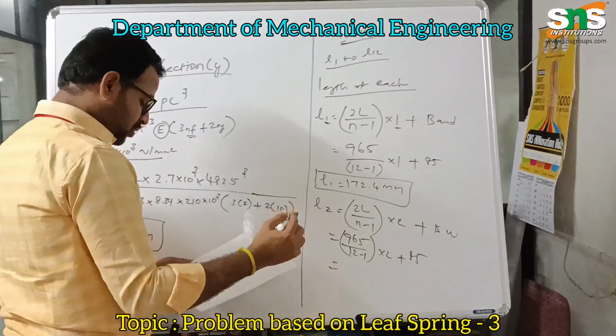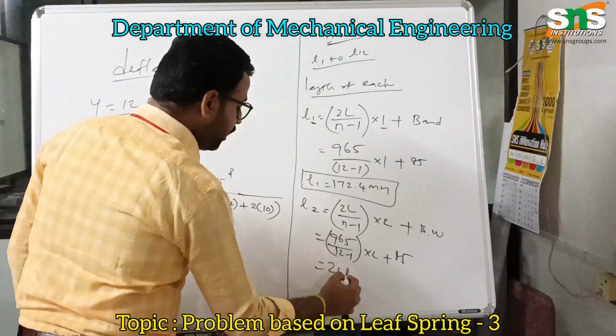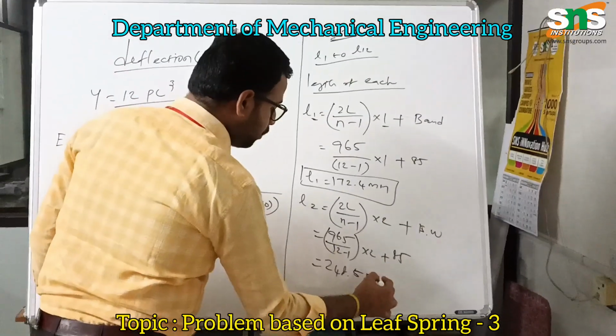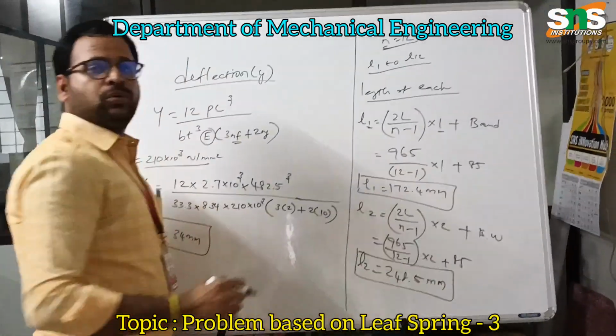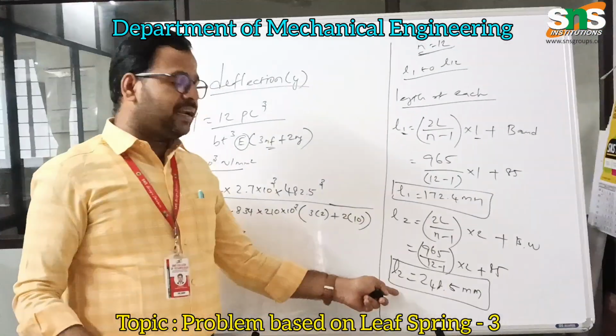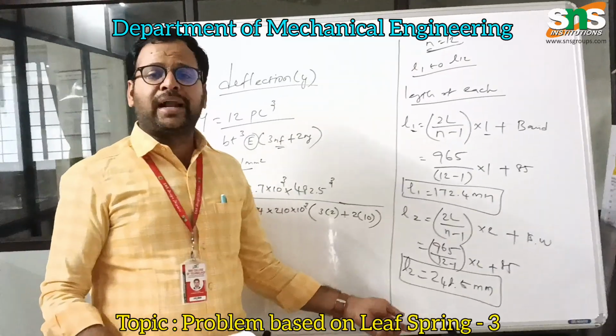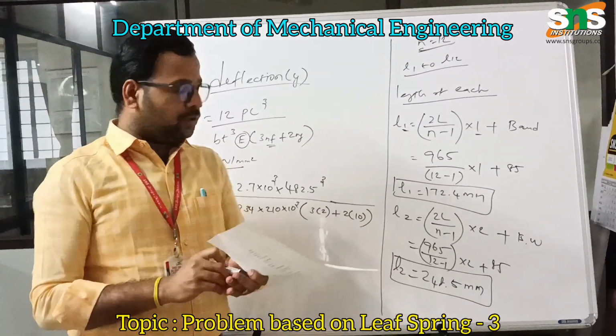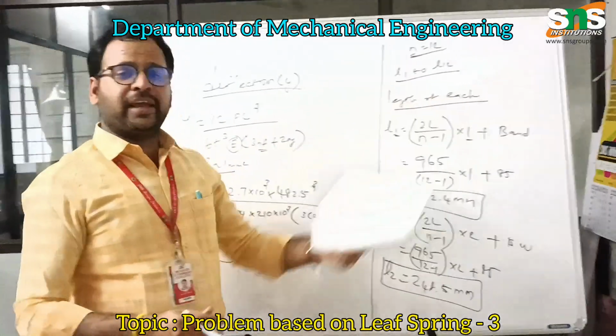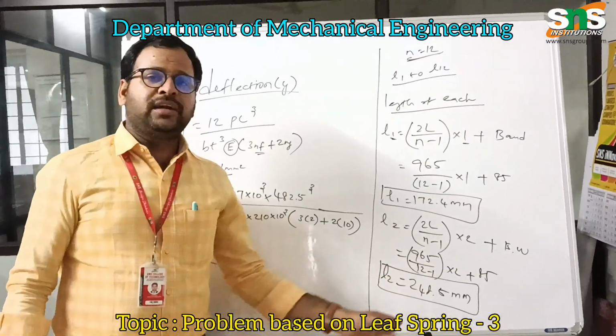The value becomes 248.5 mm. This is called L2. Next we calculate L3 up to L12, because the number of springs is equal to 12, that's why we calculate up to L12 itself.